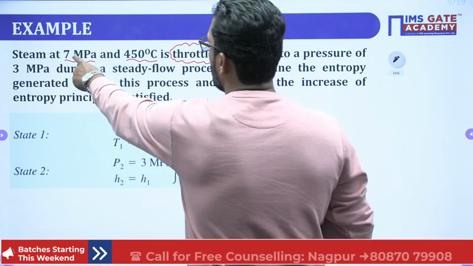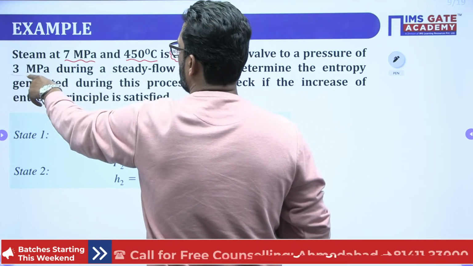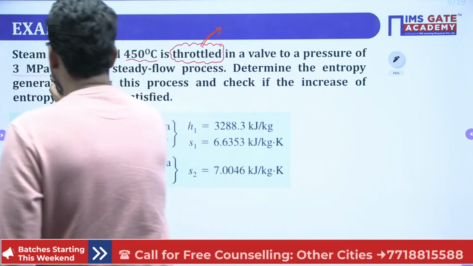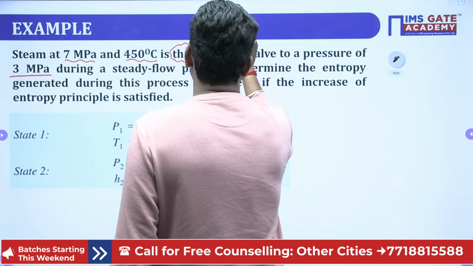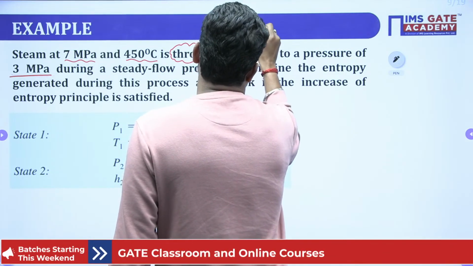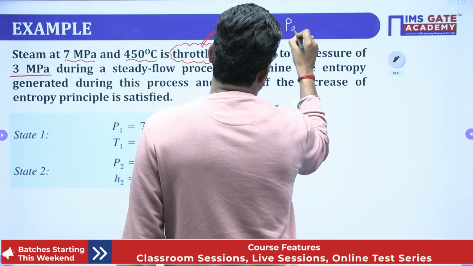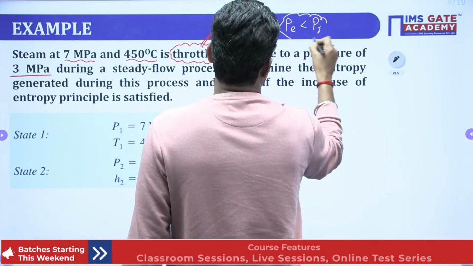Steam enters at 7 megapascal and the exit is 3 megapascal. So there must be expansion after throttling; the exit pressure is less than the inlet to the throttling.